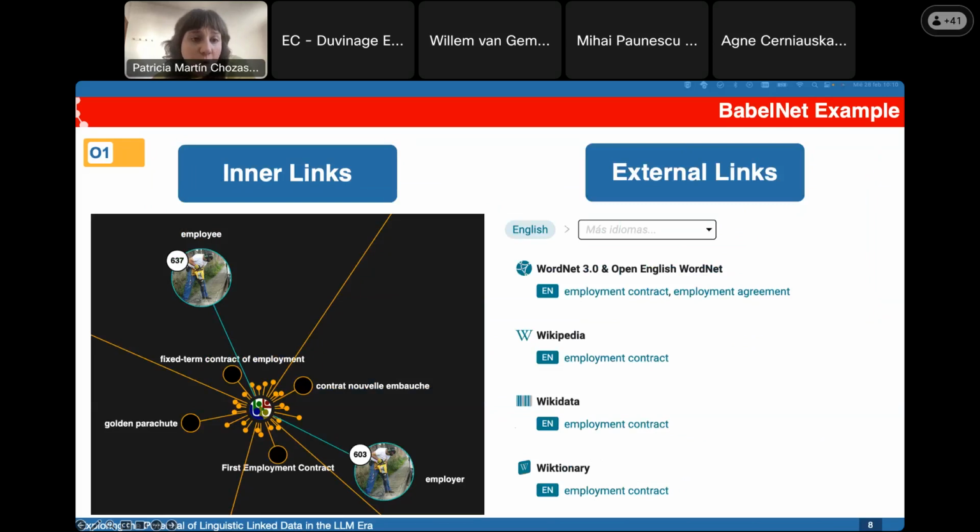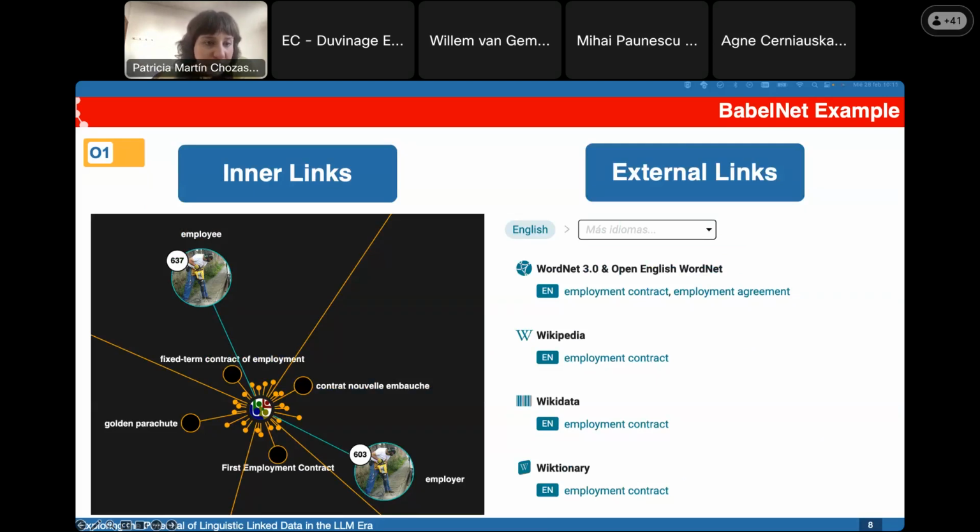It is also common in entries from linked data resources to find inner links and external links. For instance, for this term, employment contract, we can also find inner links to other terms, to other concepts.